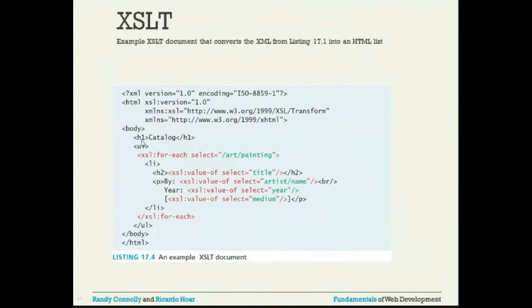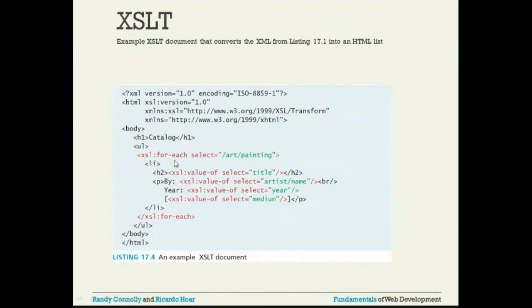Inside the body, you have the header catalog, then xsl:for-each select art/painting. The root element of the XML is art, and inside we have the painting.